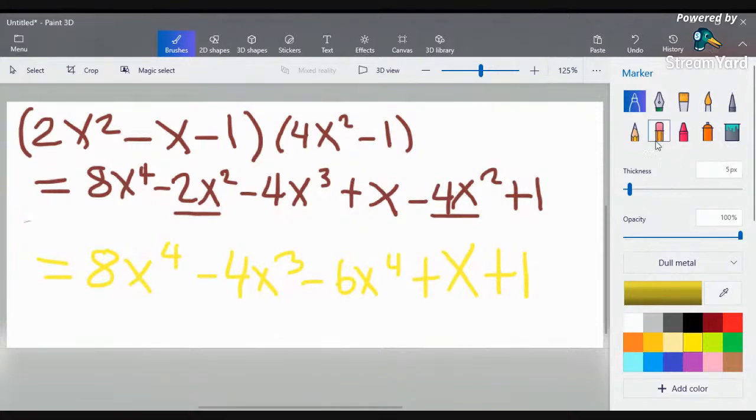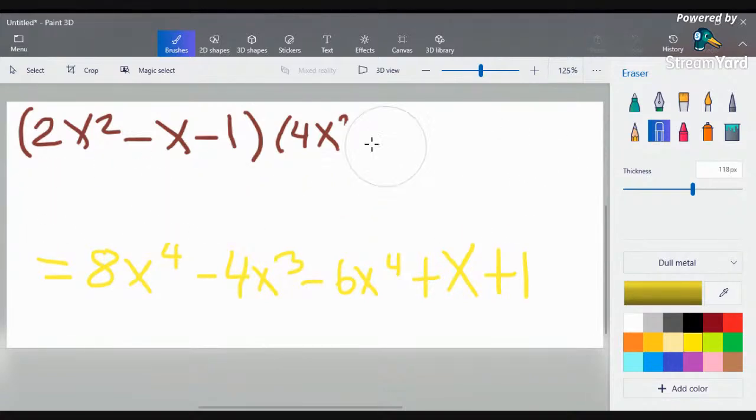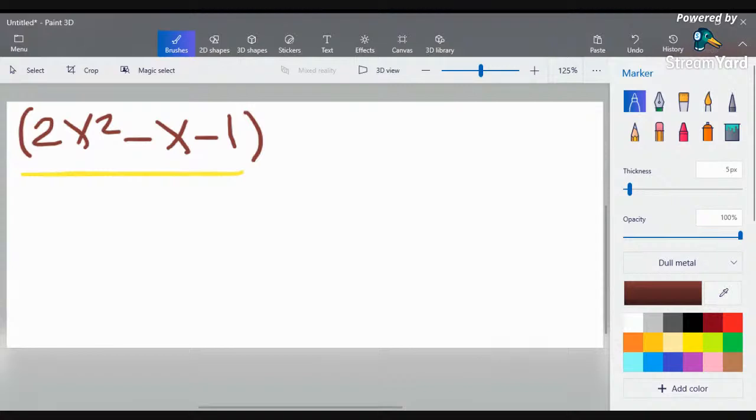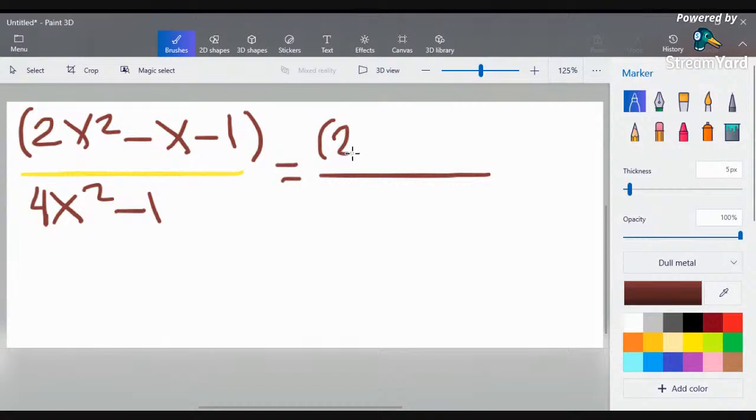Okay, for f over g, that will be the value of your f, 2x squared minus x minus 1 all over 4x squared minus 1. So, take note that we have to factor out each. So f is 2x plus 1 times x minus 1.